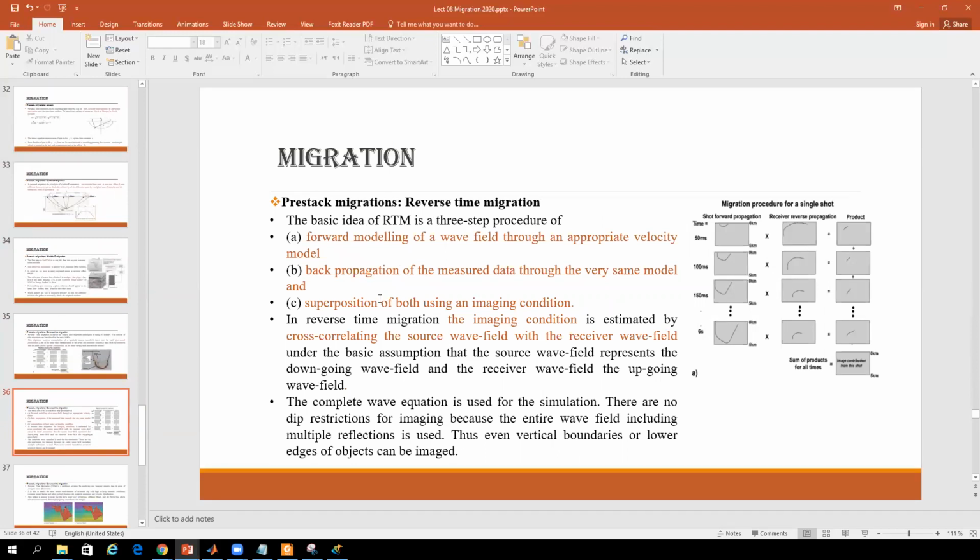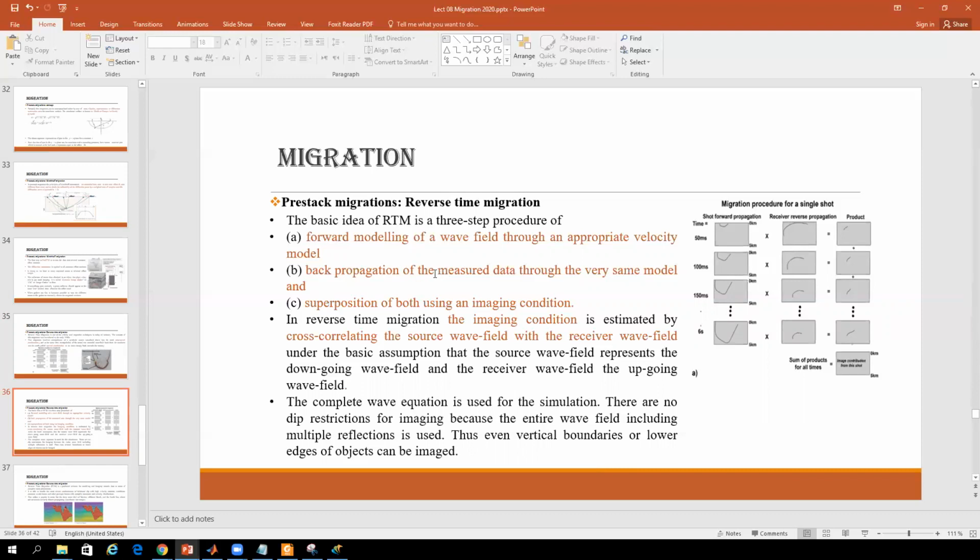So here are the steps which we use in the pre-stack reverse time migration. The first step is to build a forward model, by forward modeling of the wave field through an appropriate velocity model, which we can get from the velocity analysis in processing. Also, we have the back propagation of the measured data, because we already have the gathers which we have collected.